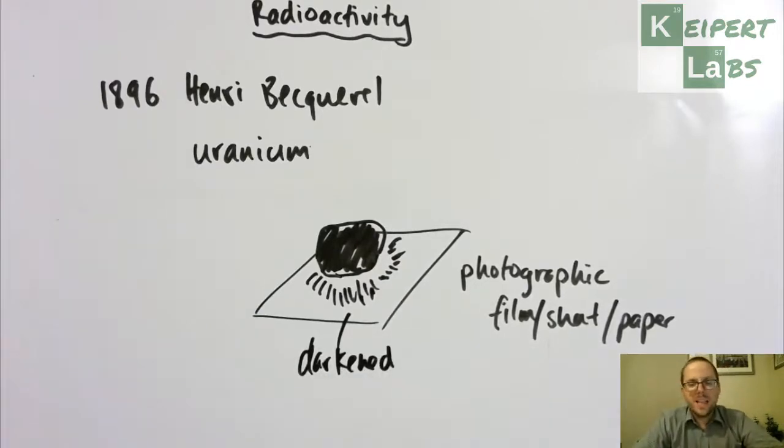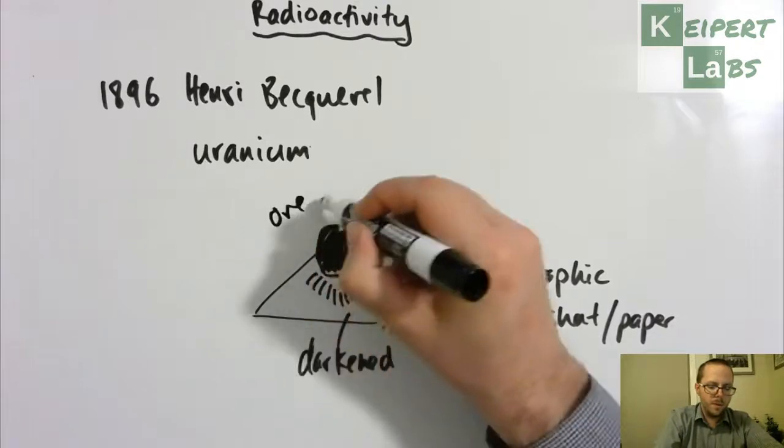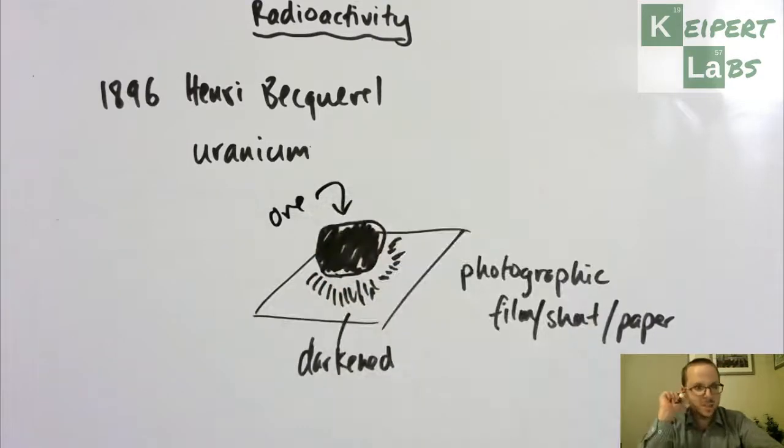But it was a cloudy day. It was kind of wet weather. There was no sunshine to be seen. This was not an issue of the sun having somehow snuck through and created this pattern. Becquerel then hypothesized that it was something to do with this uranium ore, that there was something about it that was actually causing this phenomenon, this observation that he could make.